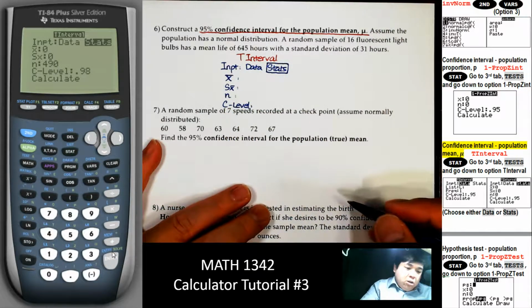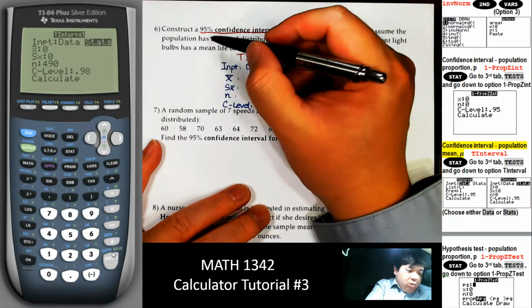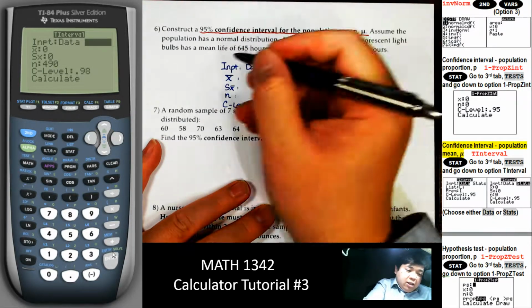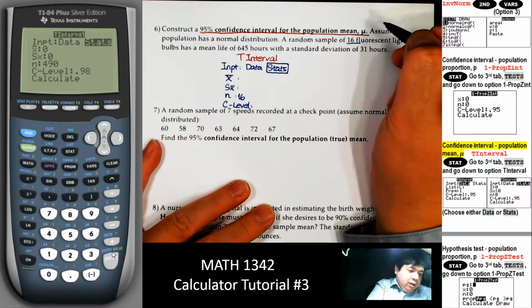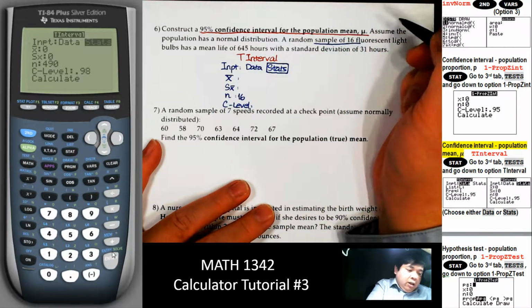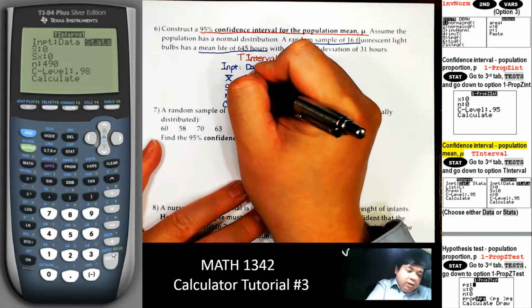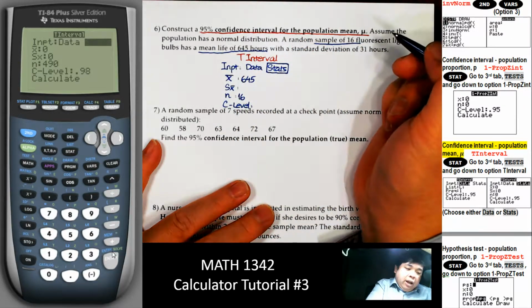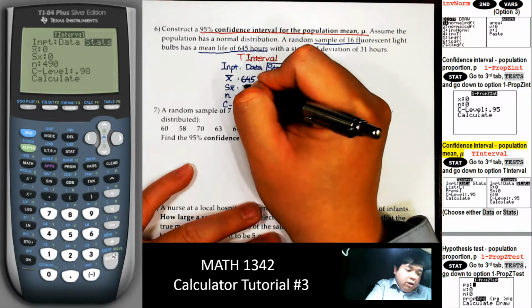Right, let's look at the problem. This one has a normal distribution, which is good. The sample size is 16, so we have 16 of them. The mean of 645, and the standard deviation of 31.